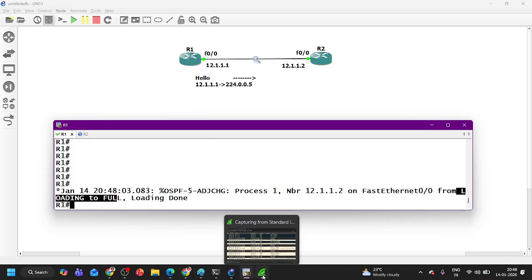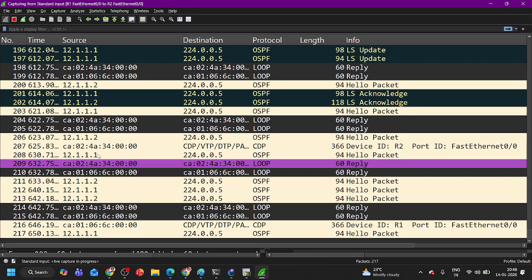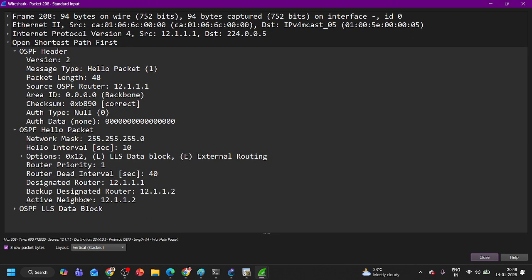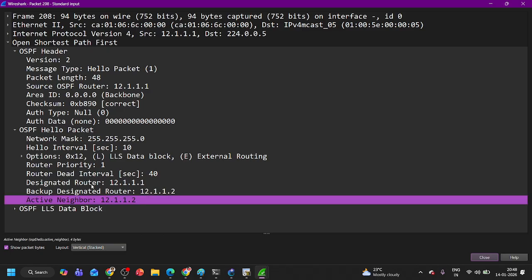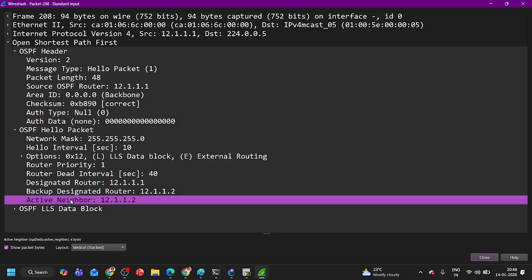Okay, what else? Now if you open any new hello message, let's say here is the hello message of R1, R1 is sending this hello message to R2. Now you can see the BDR router ID's information is also there, and one more field is added, that is the active neighbor field. Earlier this field was not there, right?